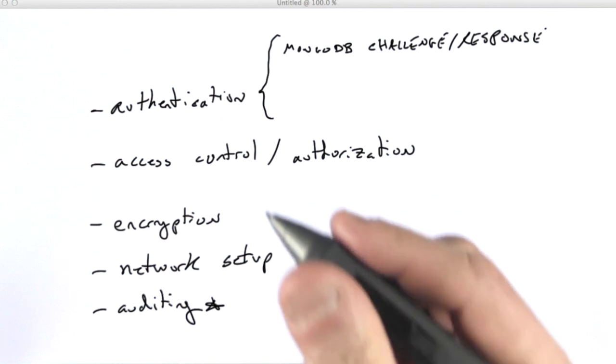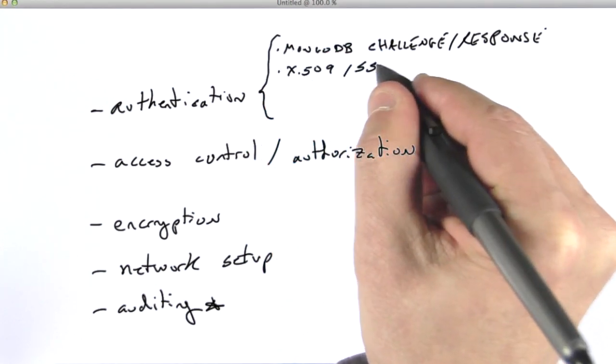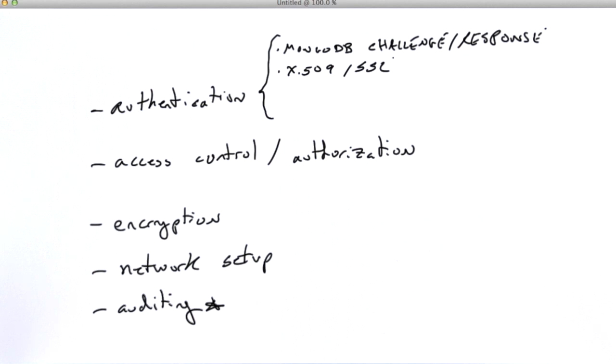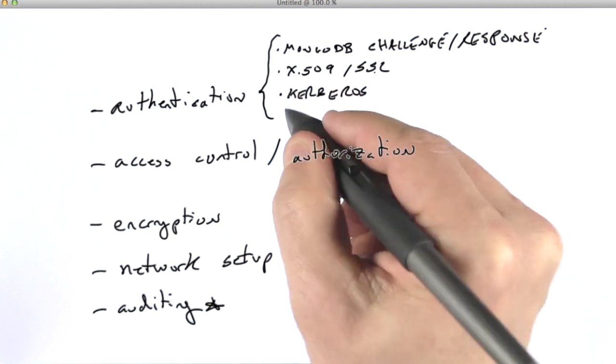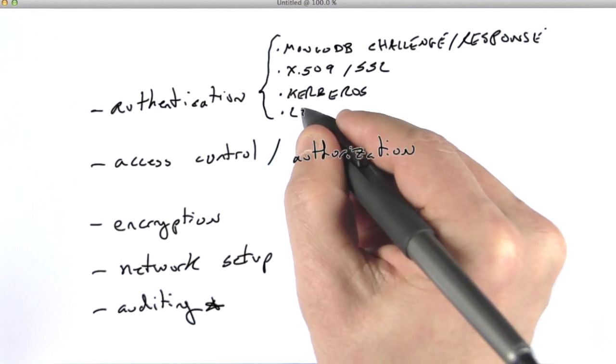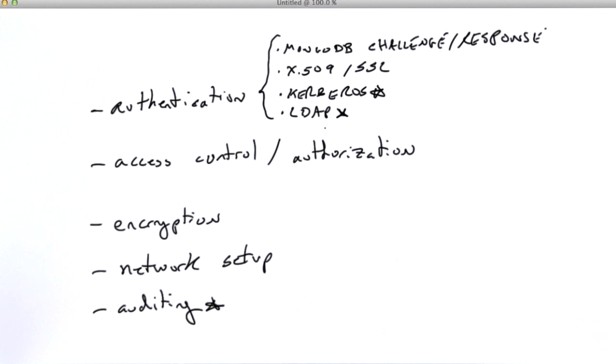Authentication can also be done using X509, in other words SSL style certificates. So if you're using SSL, you could do it that way. And then in the Enterprise Edition, one can do Kerberos or LDAP. So the items with the star are in the Enterprise Edition only.